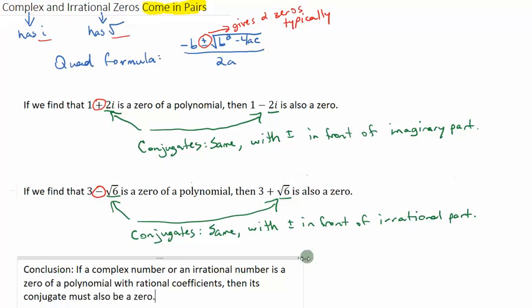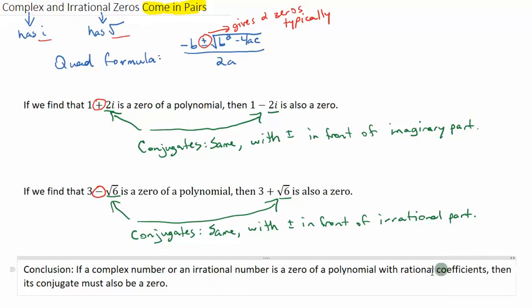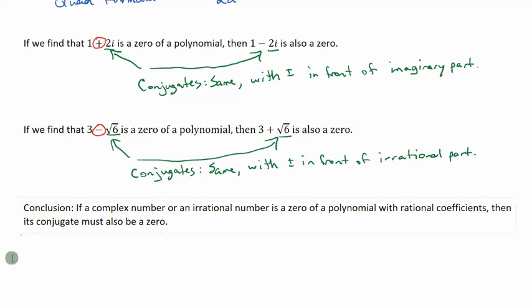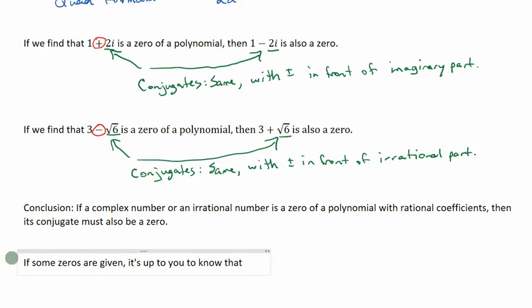Okay? So this is important. Now there are lots of applications of this. Sometimes when you're solving a problem, they won't give you all the zeros. And it's up to you to know that there are other zeros that aren't listed. So if some zeros are given, it's up to you to know that the conjugates must also be zeros, and that can help you solve different sorts of problems.